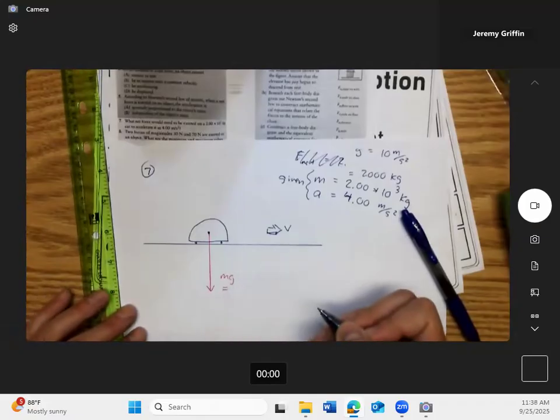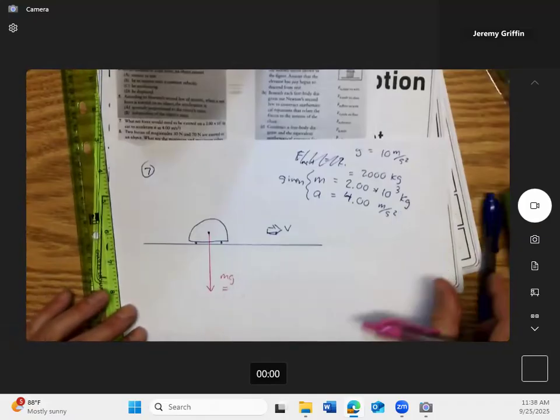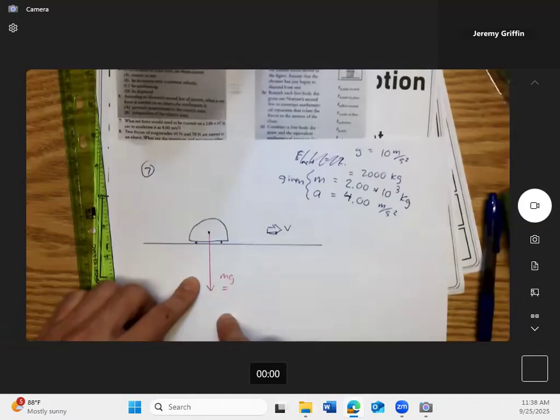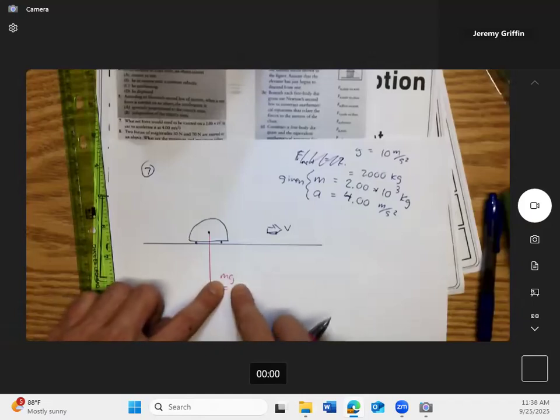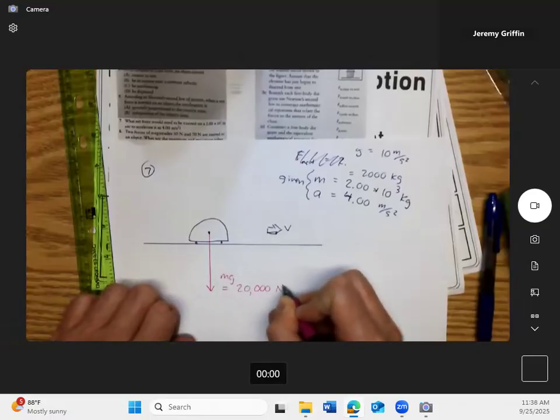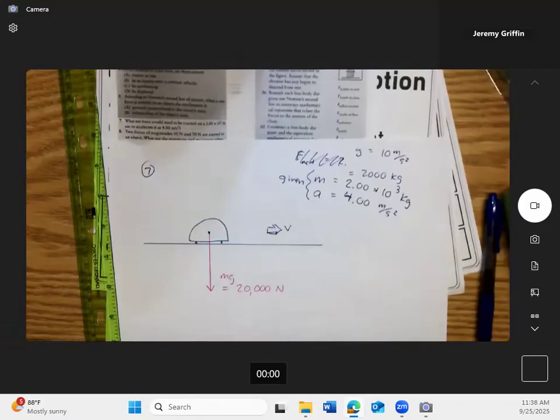How much does this car weigh? Guys, is weight in kilograms or newtons? Weight is in newtons. Weight's a type of force, hence the vector. mg, 2,000 kilograms times 10 meters per second squared, that's 20,000 newtons. If I write out the number long form, it looks like that.